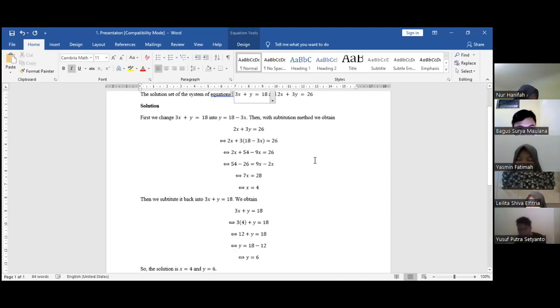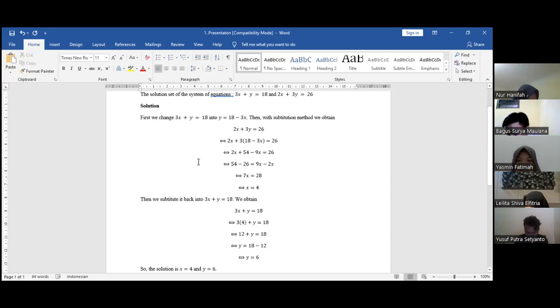Okay, good morning, good evening, everyone. Here I will present the result of the discussion. We have the problem: the solution set of the system of equations 3x plus y equals 18 and 2x plus 3y equals 26. For the solution, first we change 3x plus y equals 18 into an equation for y, so y equals 18 minus 3x.